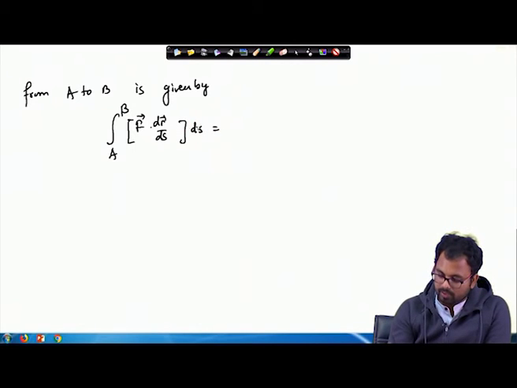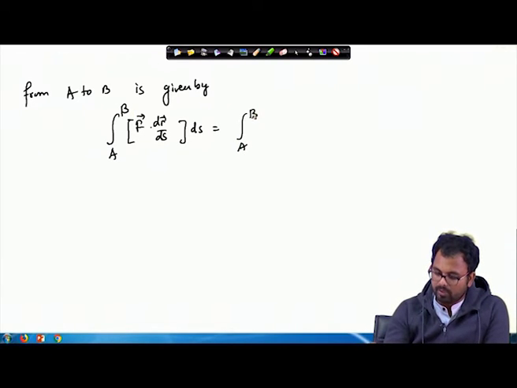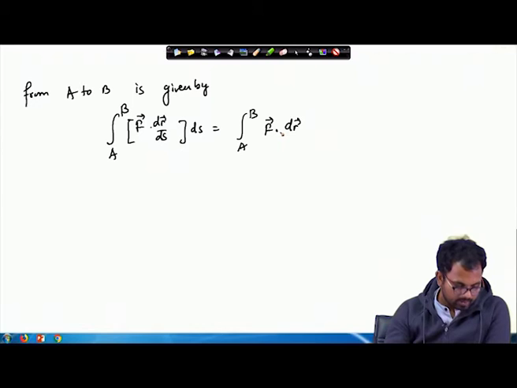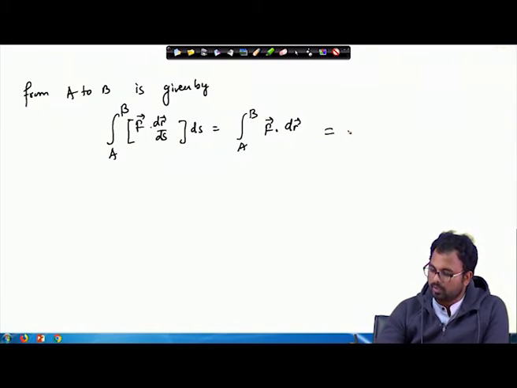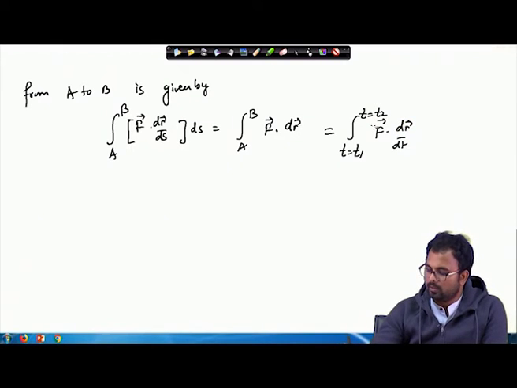So we are integrating along the arc length, and this can be written as the integral from A to B of F dot dr, and in terms of t, as the integral with t running from t1 to t2 of F dot dr/dt times dt.